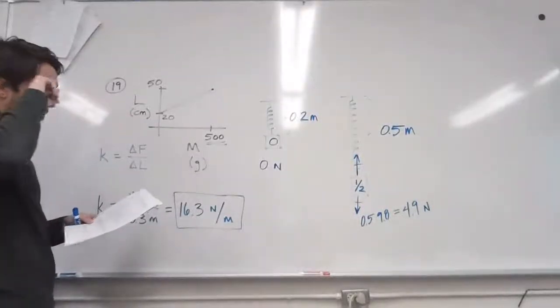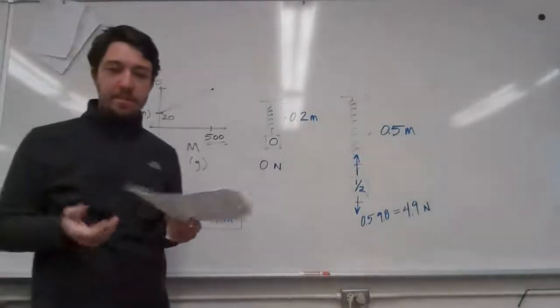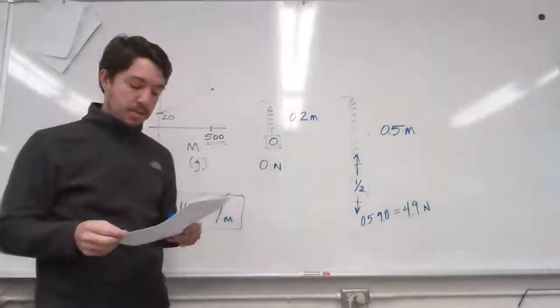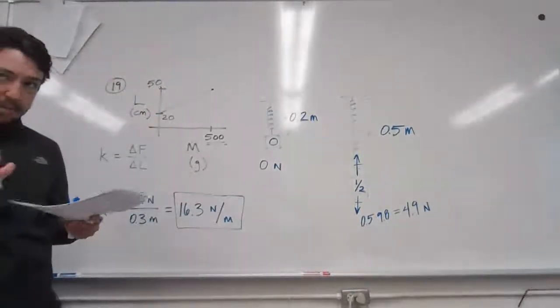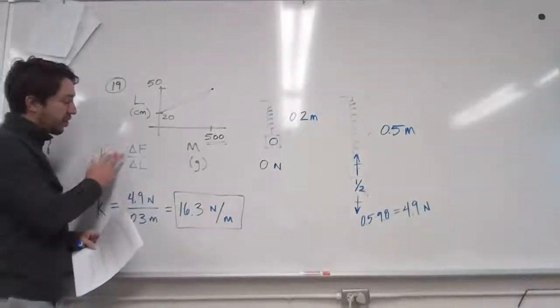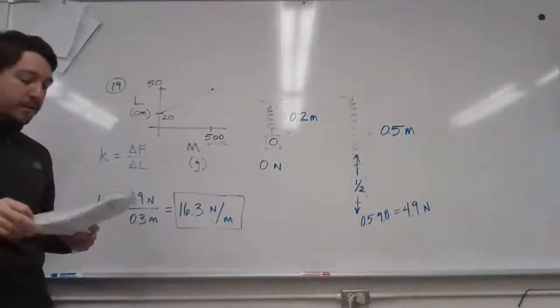For 21, you'll have to think about it a little bit, but there are 4 springs sharing the force. There are a couple of ways you can think about this, but when you go to do your change in force over change in length, it's going to be slightly different because there are 4 springs working together.